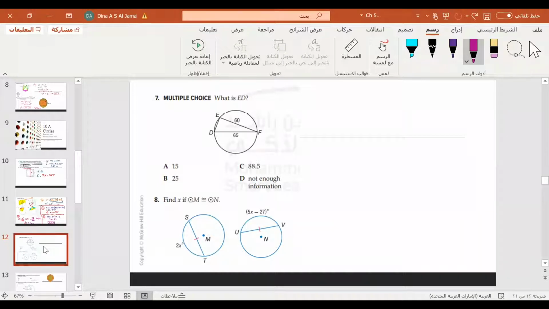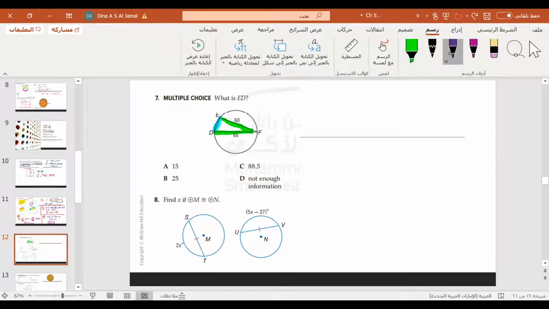Multiple choice question. He's asking you, what is your ED? And he stopped. He didn't mention anything other than this. Then he gave you a circle and these two lengths, 60 and 65.